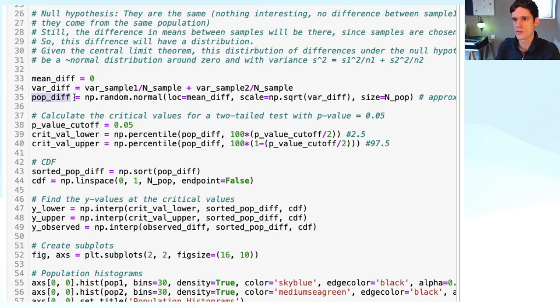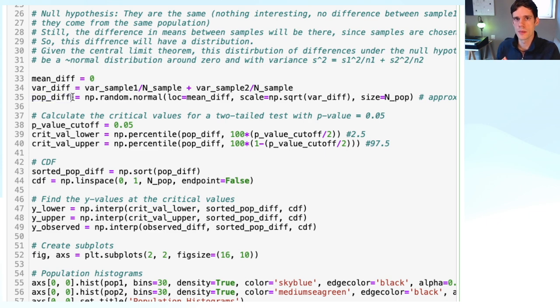Now, as I said before, this is just an approximation of the real distribution, because in reality, this distribution should be a student's t-distribution, which is very similar in shape to the normal distribution, but it has much larger tails. But because we're more familiar with generating normal distributions, we opt here to generate this distribution as being a normal distribution.